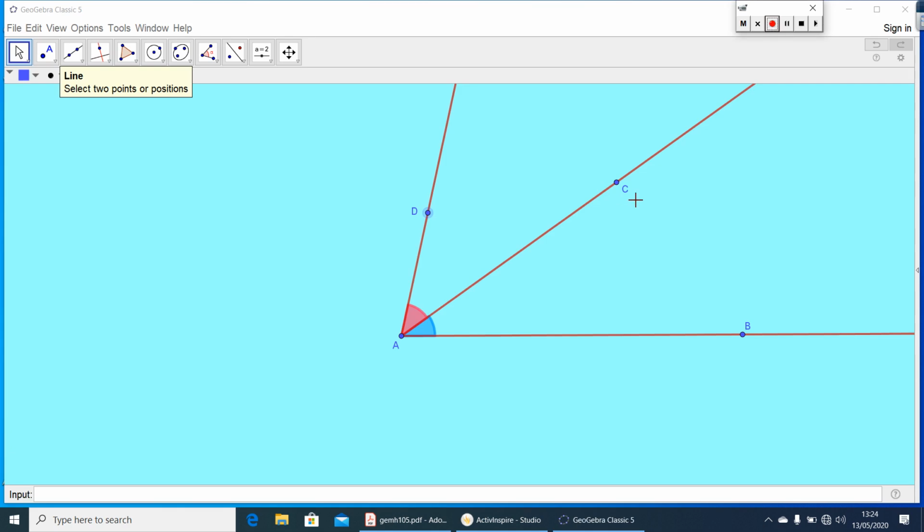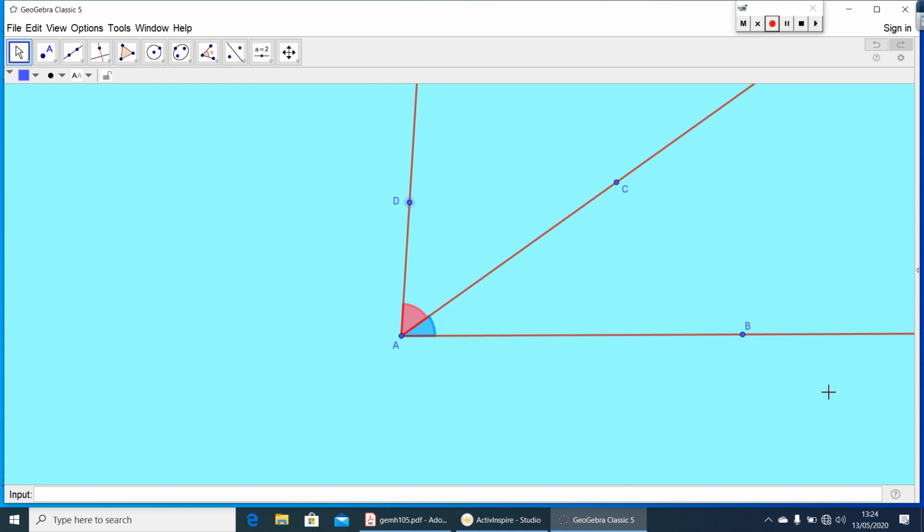Here you have a pair of adjacent angles. They are angle BAC and angle CAD. Now let me change the non-common arm. Here AC is the common arm and the non-common arms are AB and AD.